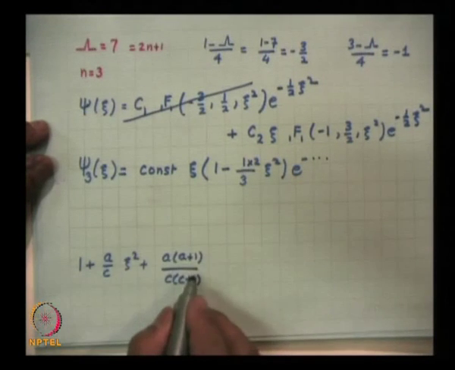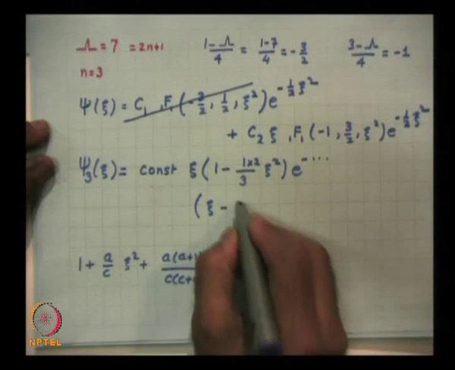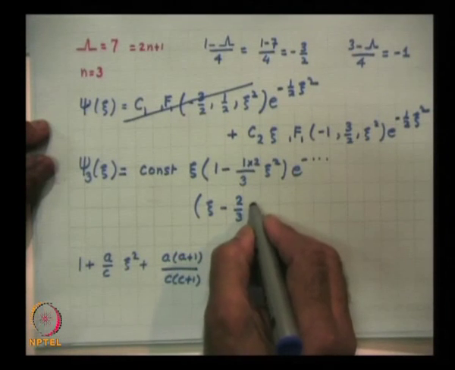So, if I multiply this out, I will get xi minus 2 by 3 xi cubed.